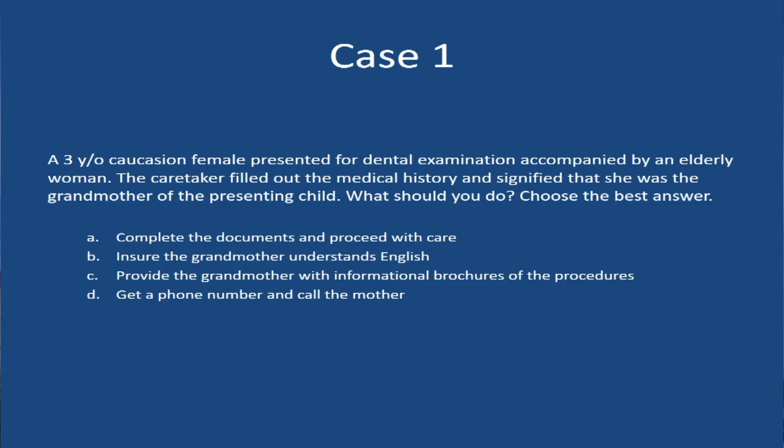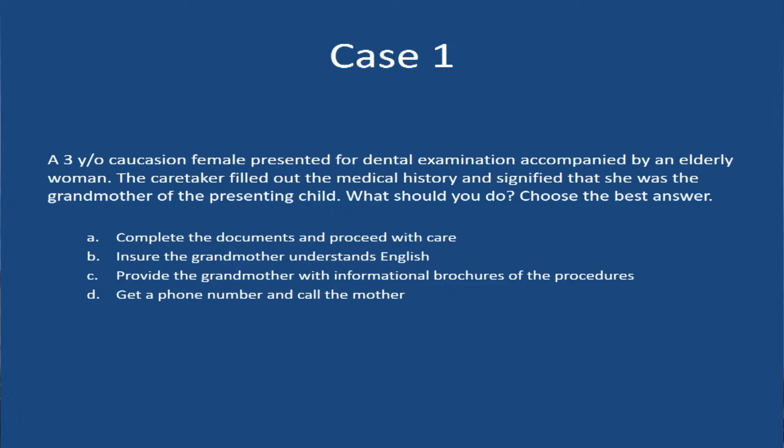However, it does not provide information and evidence that this person is the legal guardian or has a power of attorney that will allow this to happen. And therefore, getting a telephone number and calling the mother, if possible, is an important thing to happen.